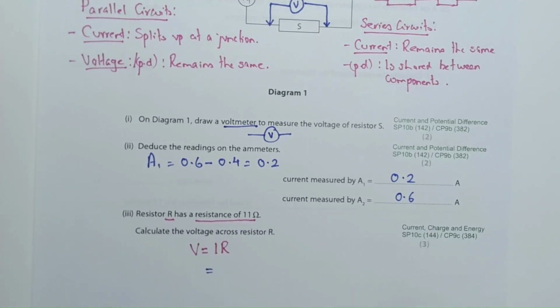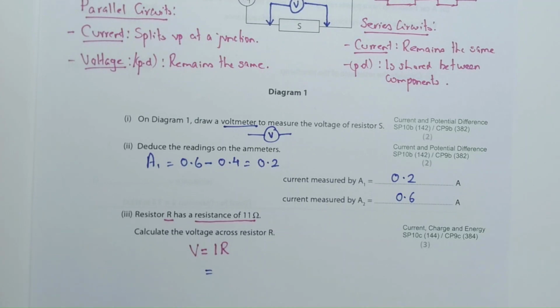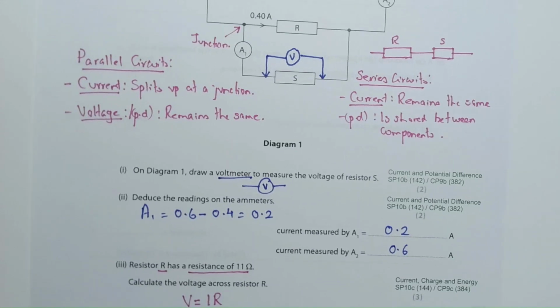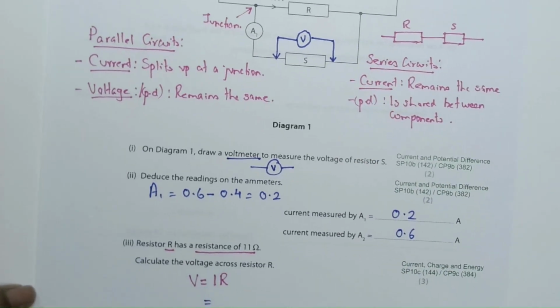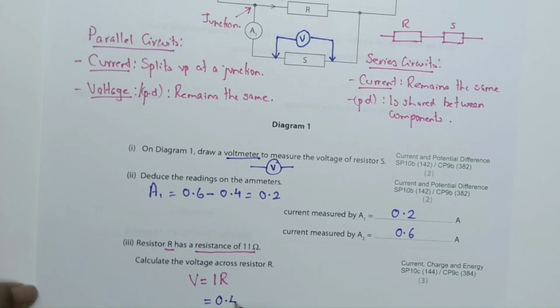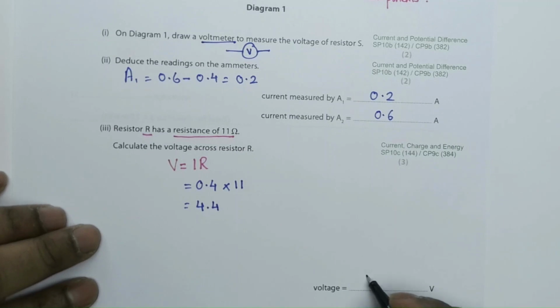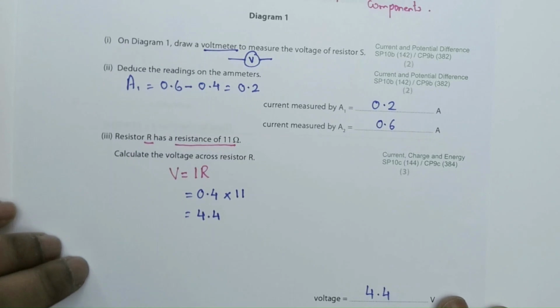The current across R is 0.4 amps as shown above. So the current is 0.4 and the resistance they have given is 11, which gives you a value of 4.4 volts.